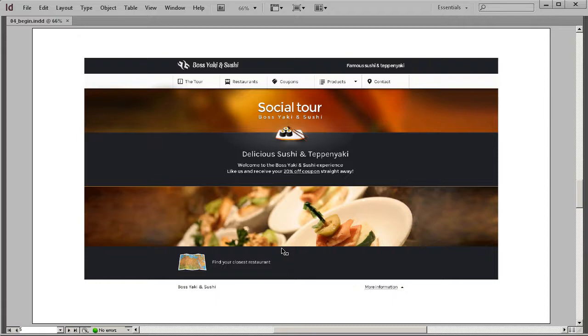This particular design is actually a website design. This is an interactive website. So looking at this, obviously when you're dealing with a website design, there has to be some form of type involved. But the main component that's communicating the message in this design is this really appealing image of sushi.